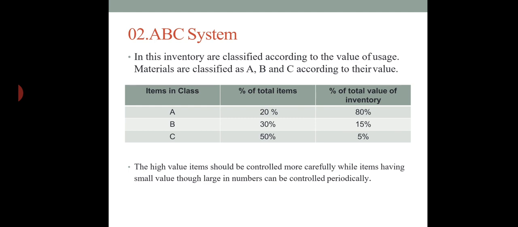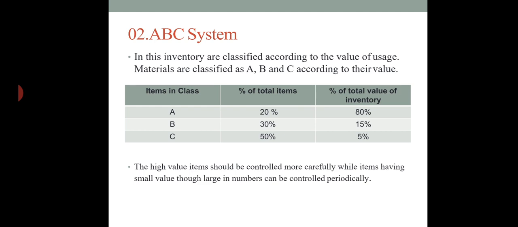Similarly, the B category items are 30% of the total in numbers or quantity, but in value or cost the inventory is only 15%.